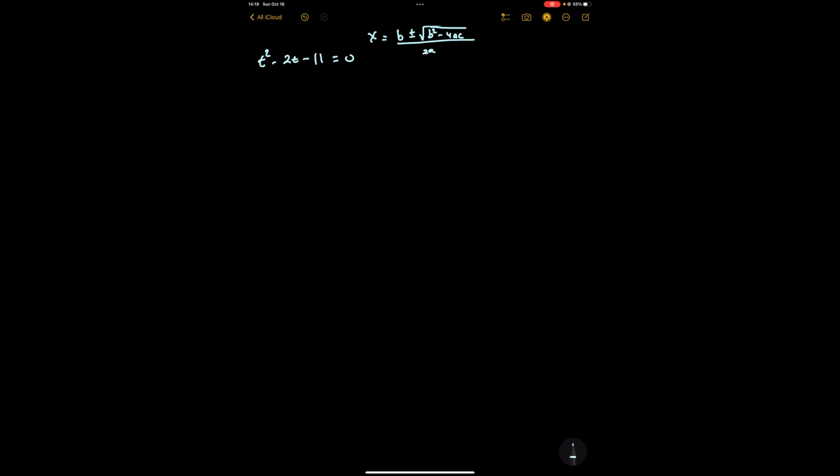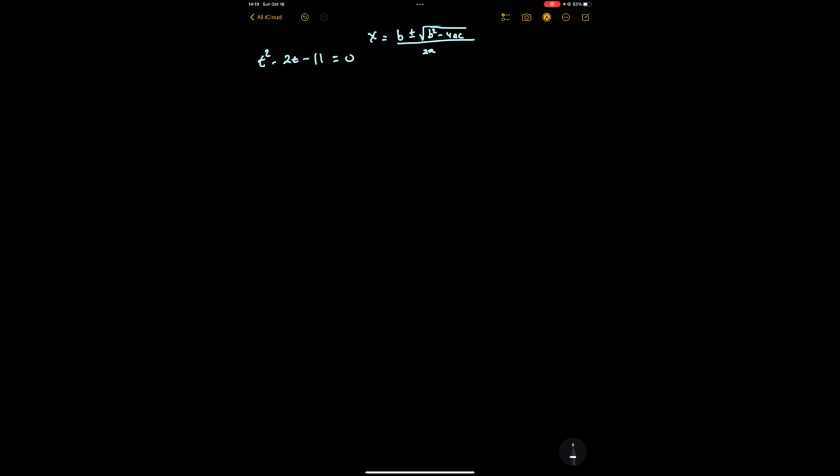So looking at this formula right here, how can we solve this problem?